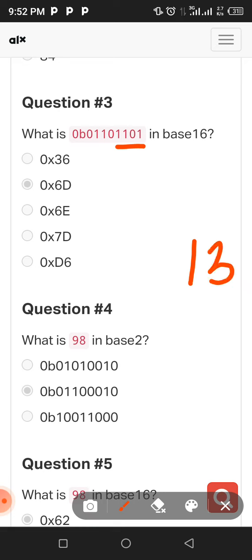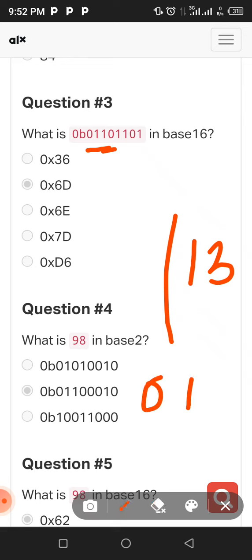So for the next 4 numbers, starting from here to that place, we have what? We have 0, 1, 1, 0, which is the next four numbers.